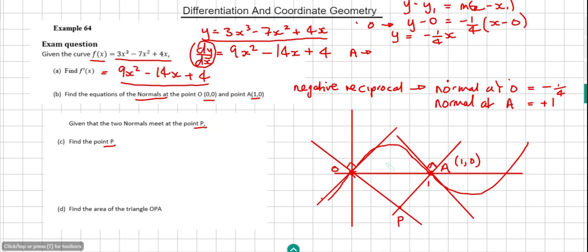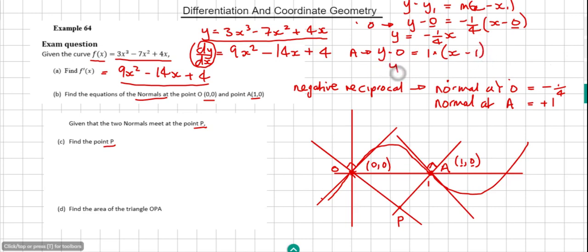The one at O was 0, 0, which is what I substituted before. So for A, I've got y minus 0, because y1 is 0, and m is 1, times, in brackets, x minus 1, as the x coordinate of point A is 1.